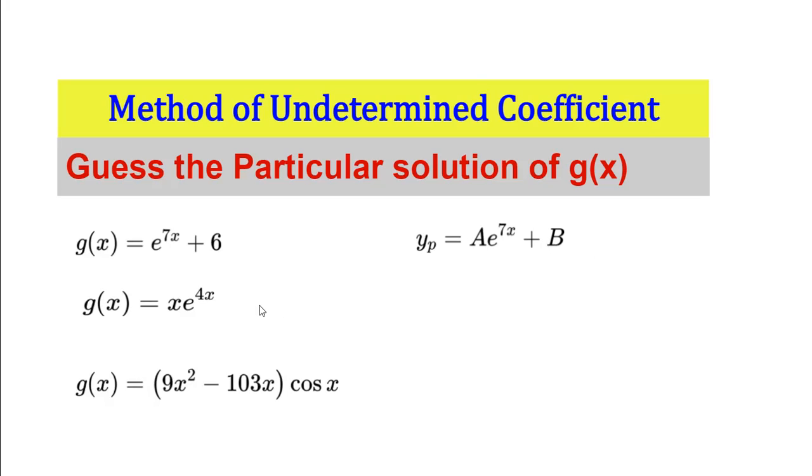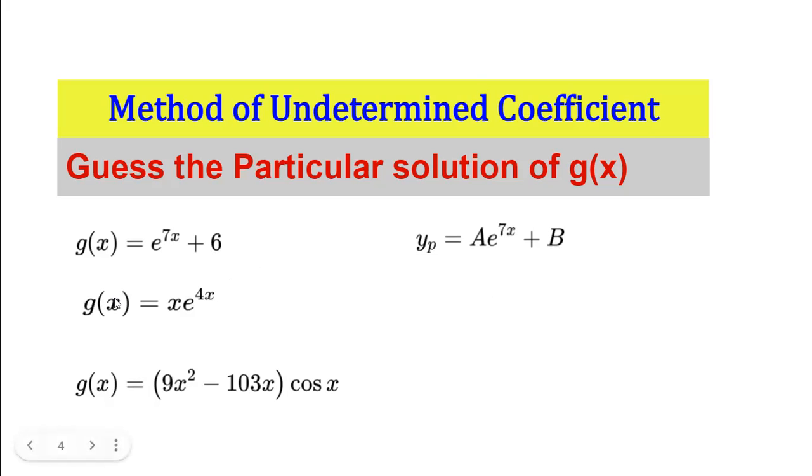The reason why we did not multiply e to the 7x by ax plus b is because we would be having two constants, multiplying a by b, which of course multiplies two constants. So we only consider one constant, by saying a e to the 7x represents the particular solution for the exponential function here, and b represents the undetermined coefficient of this linear function, which is 6.